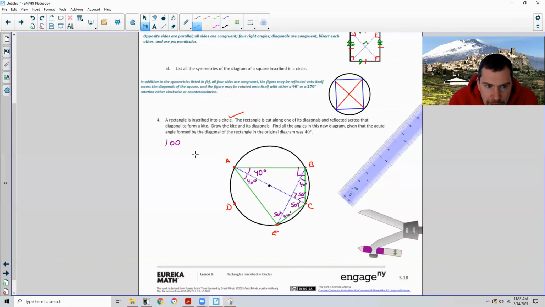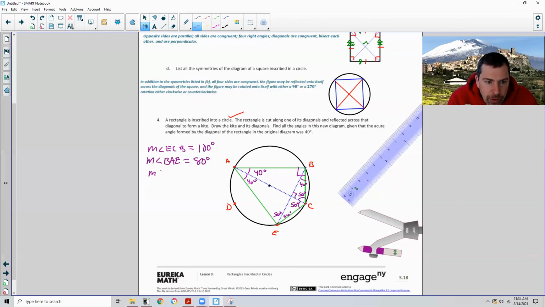So angle ECB, the measure of angle ECB. Thought I waited long enough so that 100 would move. The measure of angle ECB equals, so here's ECB, that's 50 plus 50, or 100 degrees. The measure of angle BAE equals 80 degrees.